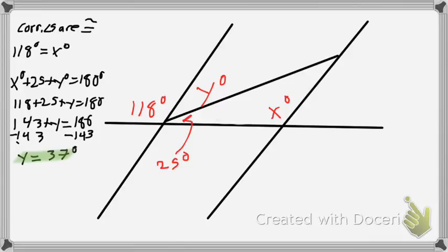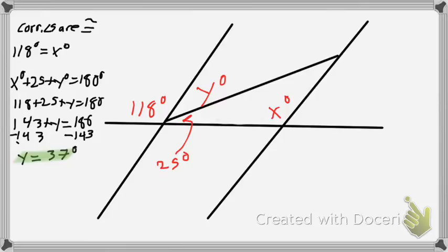Now, if we look at the difference between what that is asking us to do and what proving lines parallel has to do, all proving lines parallel, instead of saying these lines are parallel, therefore, what are the angle measures? We're saying, what do these angle measures have to be in order for these lines to be parallel?